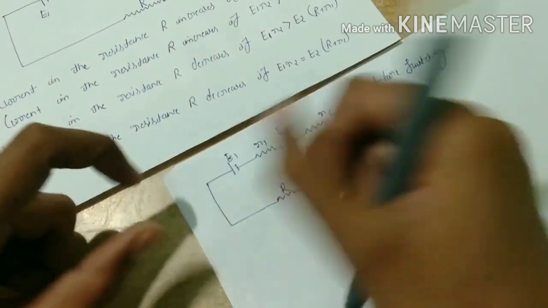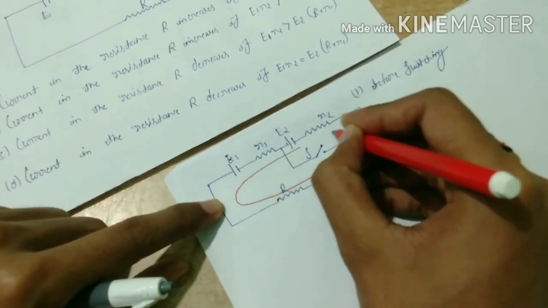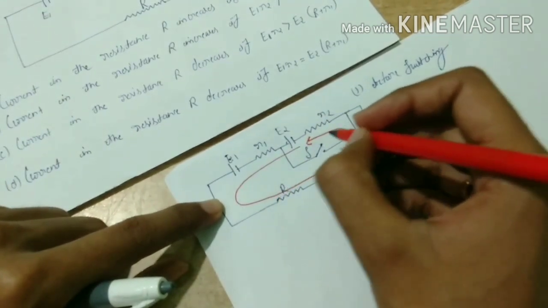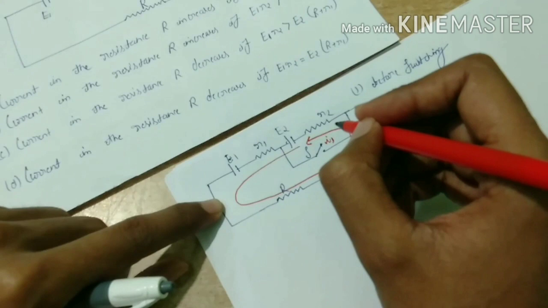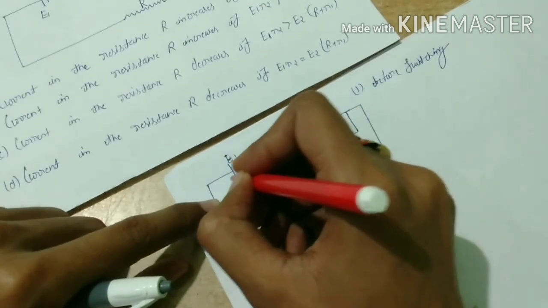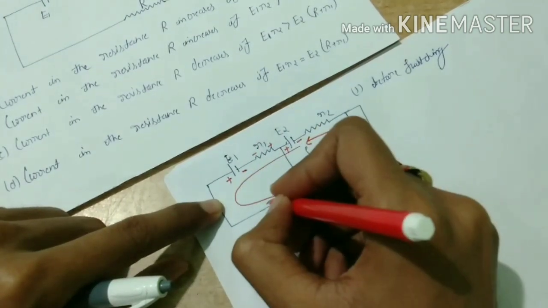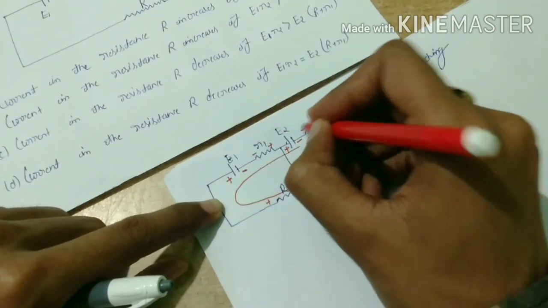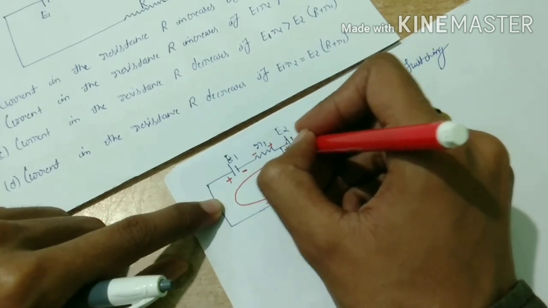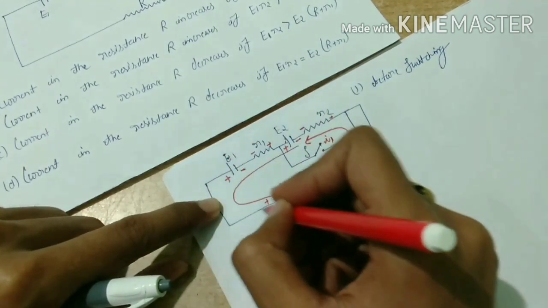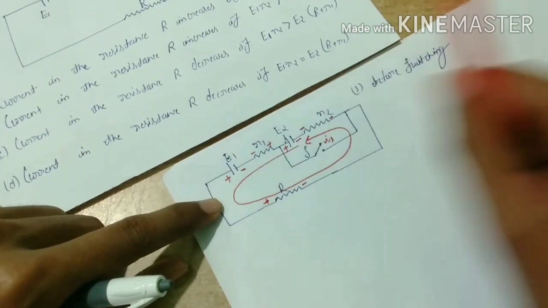Before switching, current is flowing in this manner. Suppose current I1 is flowing, so polarity: because this is a positive terminal, current is leaving from here and entering here, it means plus, and leaving here negative. So apply KVL in this loop.